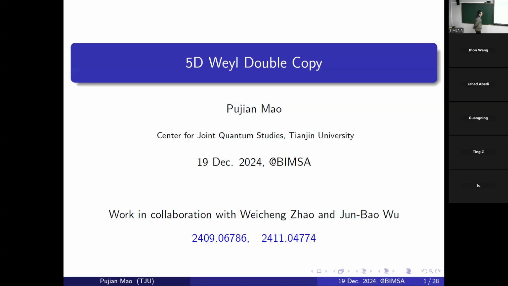Today I will try to convince you there are some nice connections between gravity and gauge theory at the classical level. In particular, our contribution is to extend those connections to higher dimensions. We present the first example in 5D, and we are working on 6D, and we believe our framework can be generalized to any dimensions.